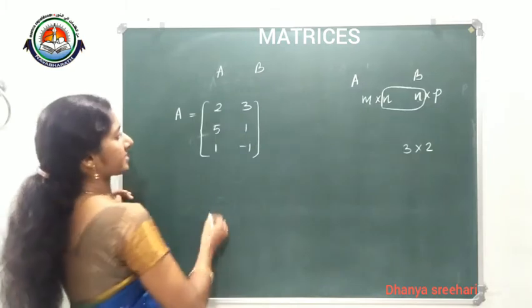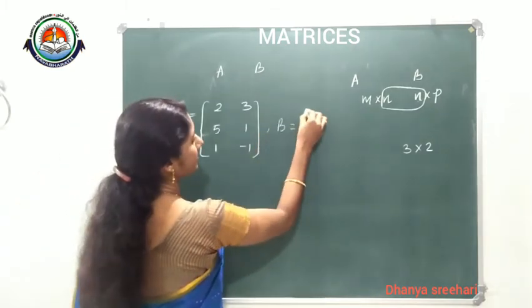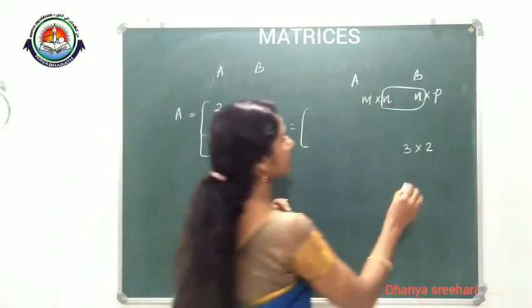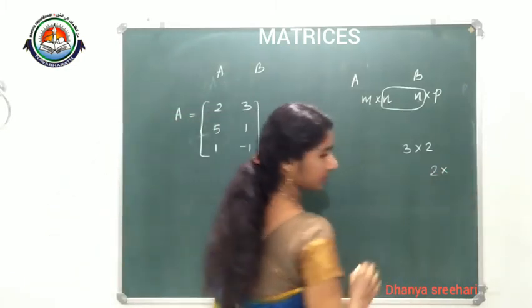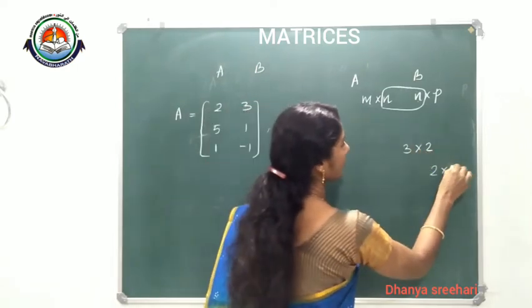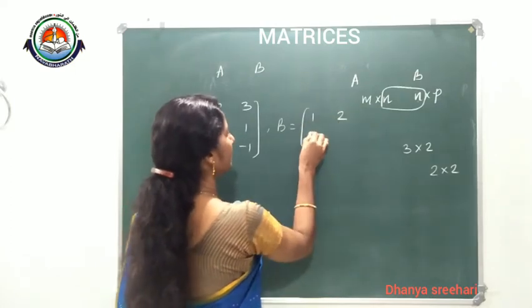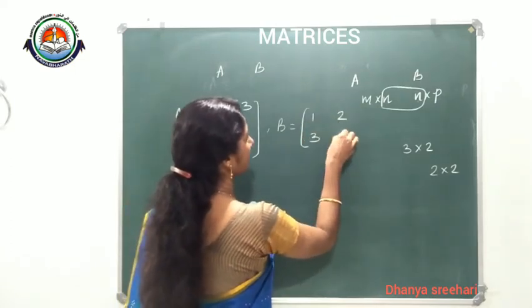And the next matrix B. What should B's order be? B's order must be 2 by something, since the number of rows must be the same as this 2. So we can take 2 by 2: 1, 2, 3, 1.